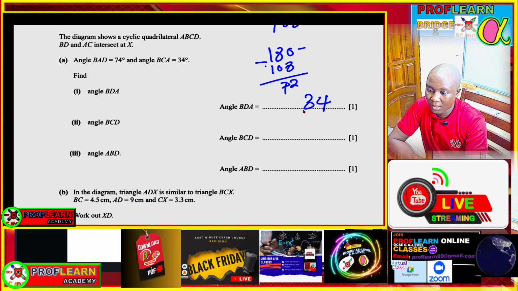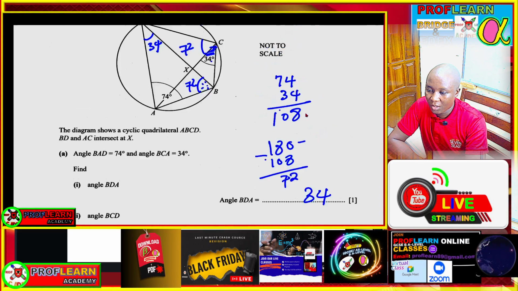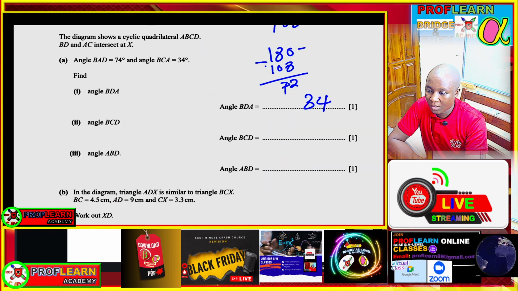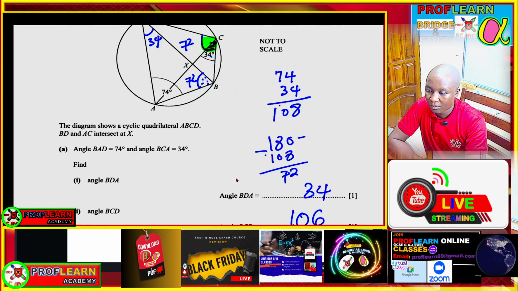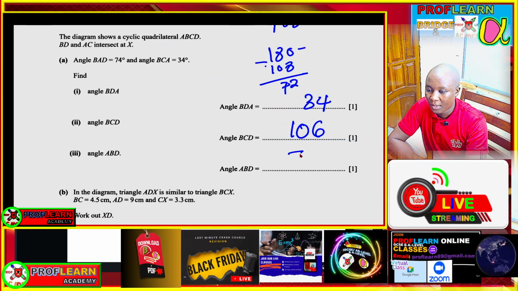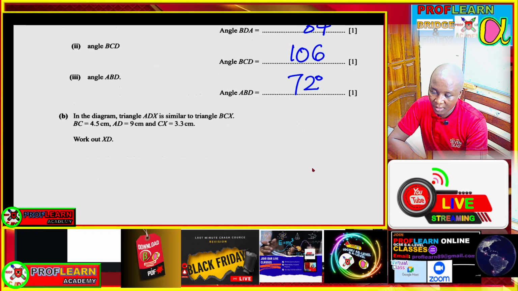This one we are asked, 34 degrees. Angle C is 72, already we have gotten that. We can write it here, 72. Angle DCB, the whole angle, is 72 plus 34. That becomes 106. And then angle ABD is 72 degrees.